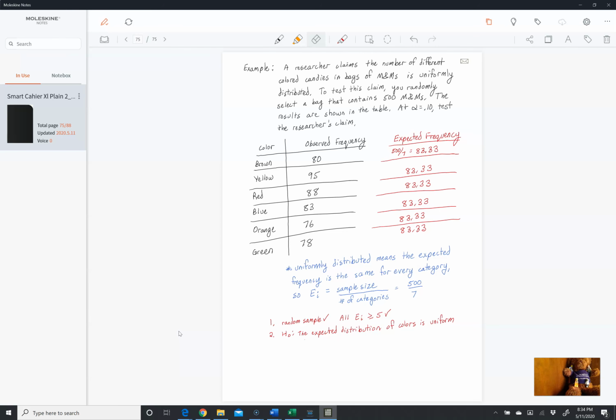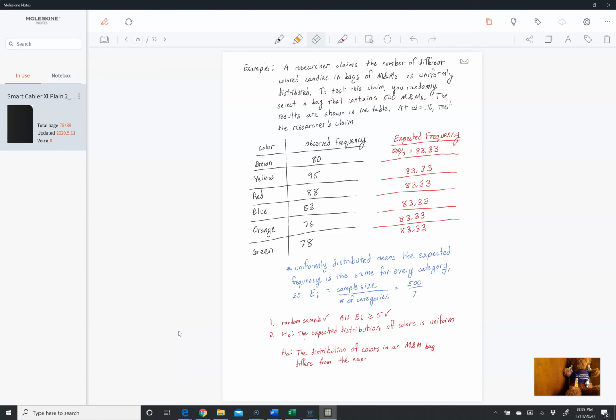And H sub A is the distribution of colors in an M&M bag differs from the expected distribution.